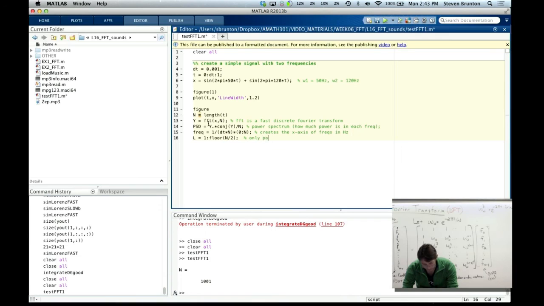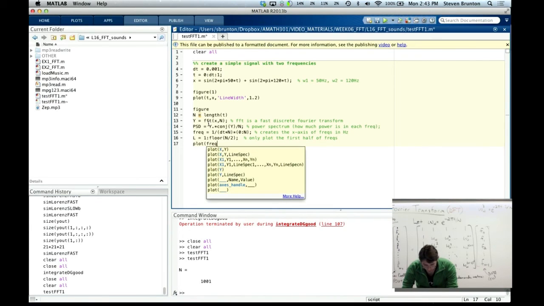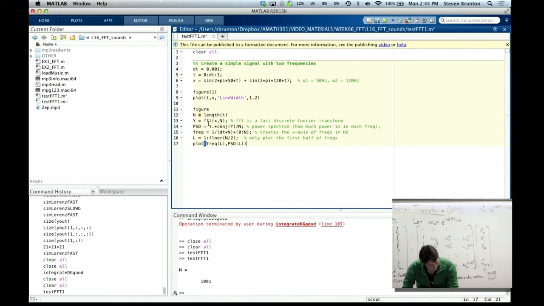I'm only going to plot the first half of freqs. And then I'm going to plot my frequencies versus my power spectral density. I'm just labeling it power spectrum. X label is frequency in hertz. And the Y label is just the power. So bigger Y, more power.